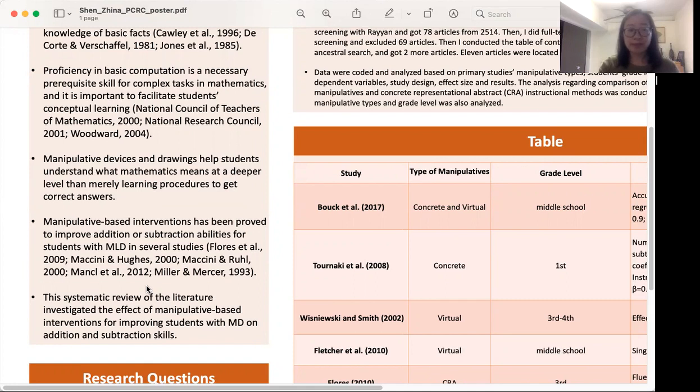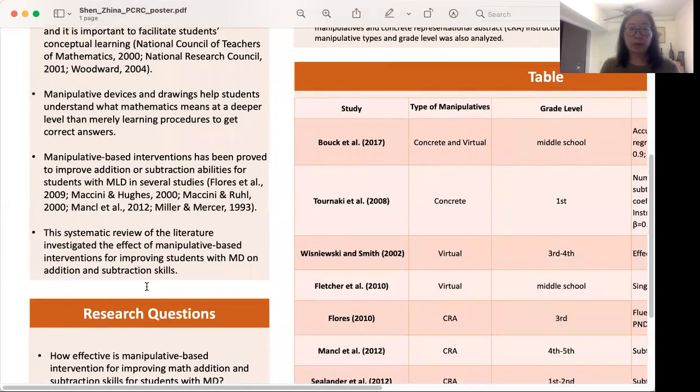So in my systematic review, I'm going to investigate the effect of manipulative-based interventions on addition and subtraction for students with mathematical difficulties.